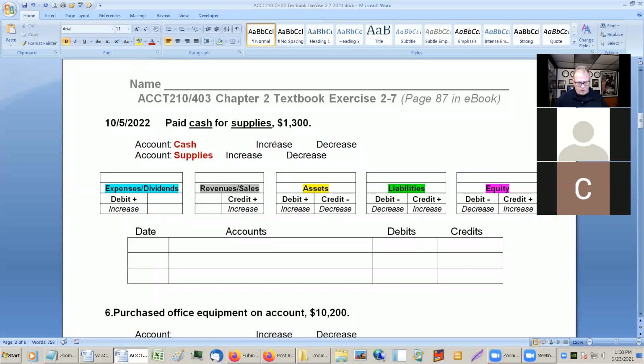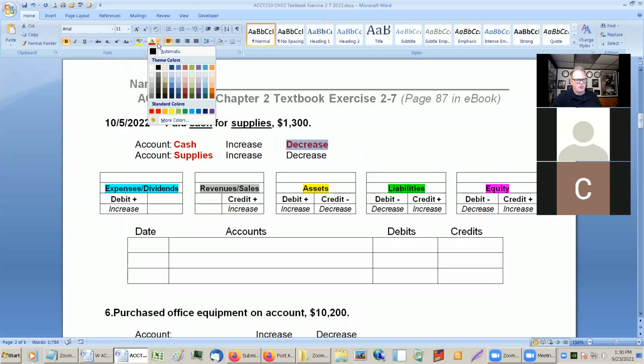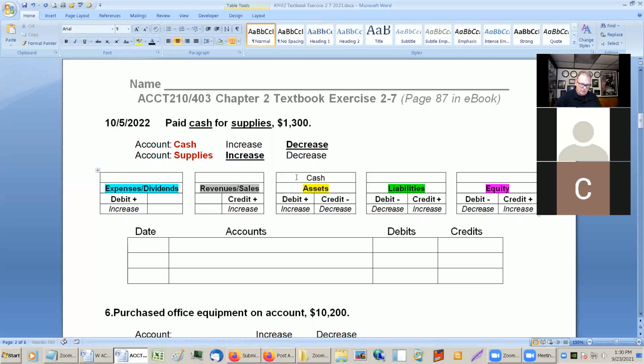And supplies is increasing. Cash is going down. We paid them with cash. And supplies is going up. What kind of account is cash? You guys know that. Supplies will also be an asset. So these are both assets.